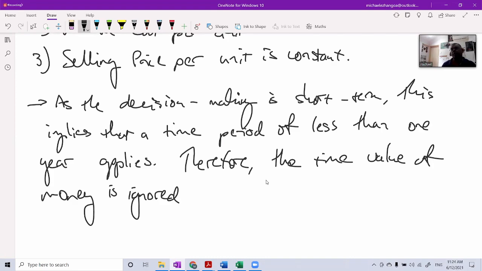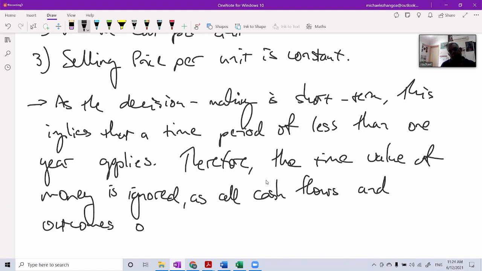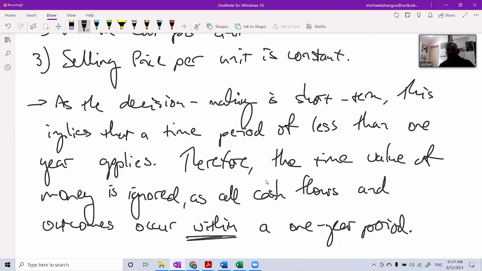Right, time value of money, the NPV concept, is ignored as all cash flows and outcomes occur within a 1 year period. In less than 1 year, everything is done and finished.